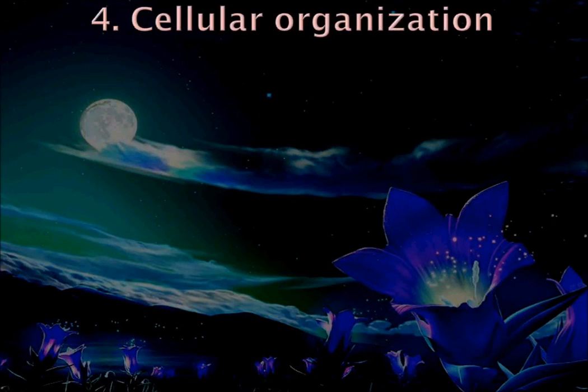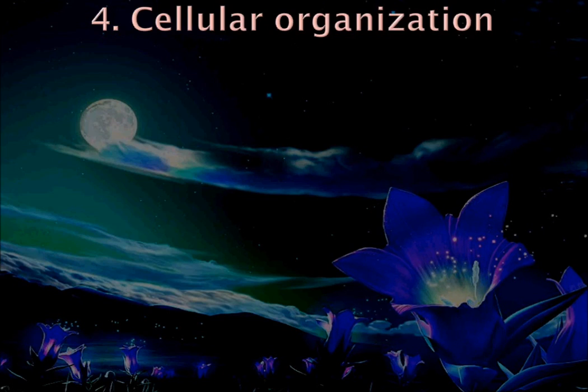Now let us understand next important feature of living organism, that is cellular organization. So now what is cellular organization? That is, every living organism is made up of cell, and cell is the basic structural and functional unit of life.